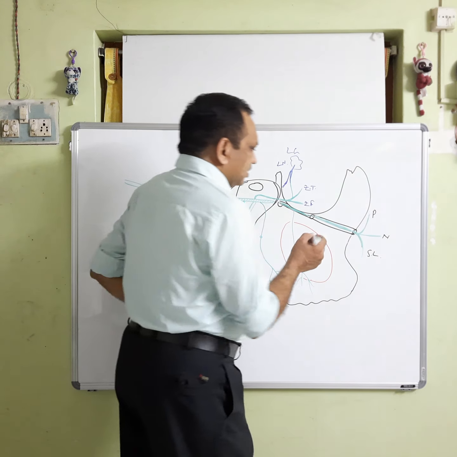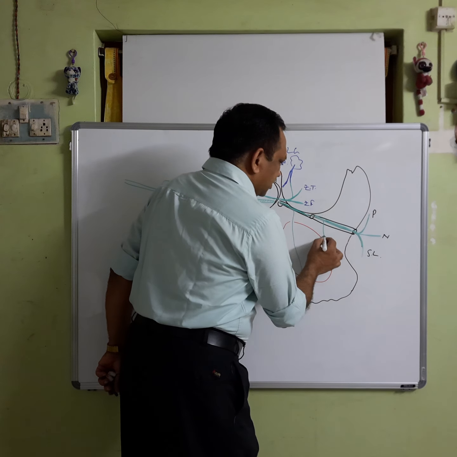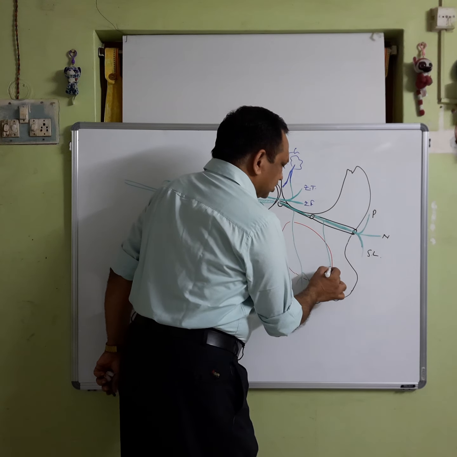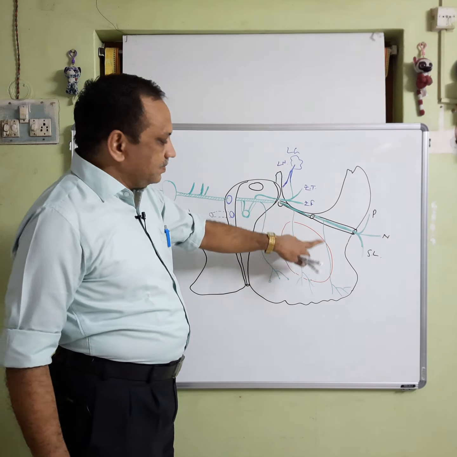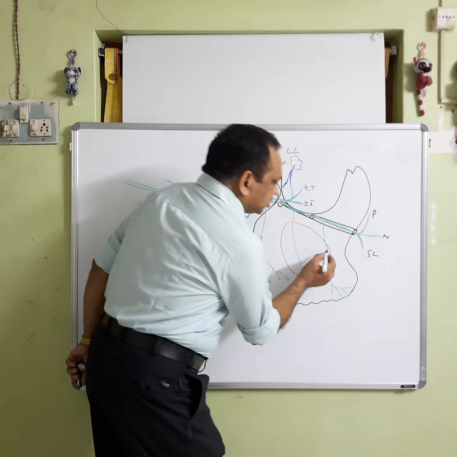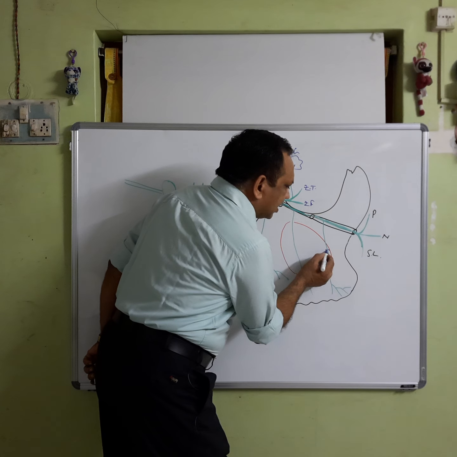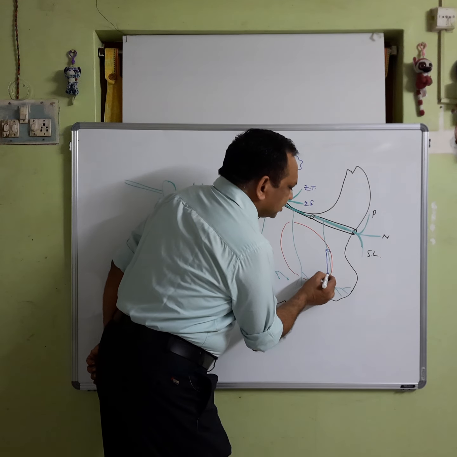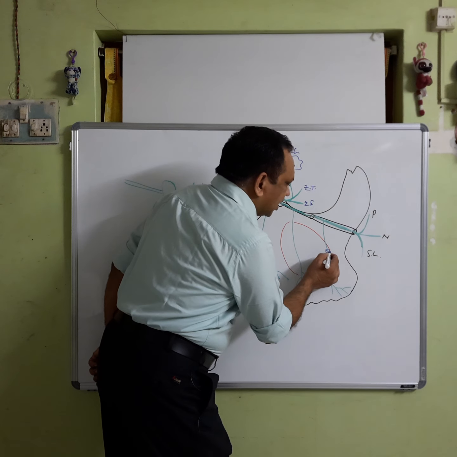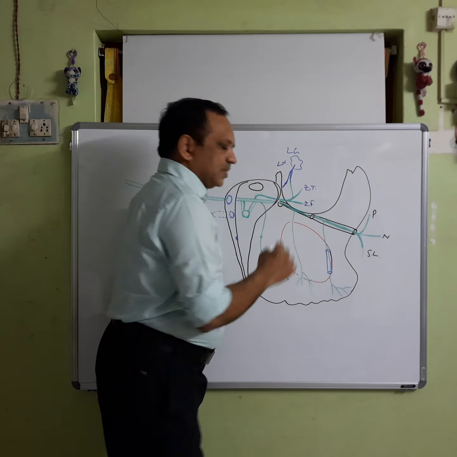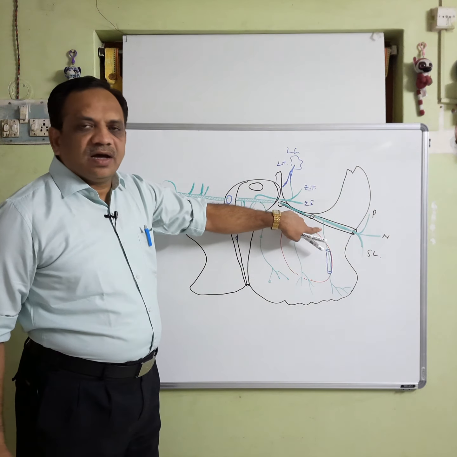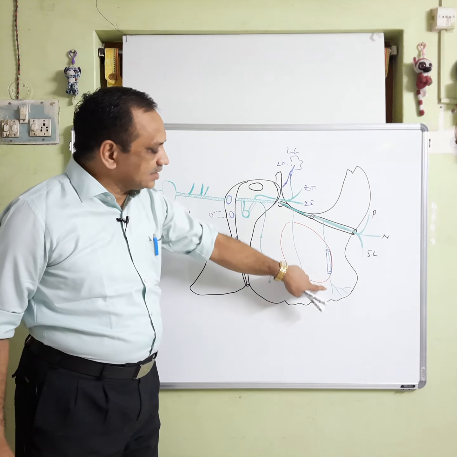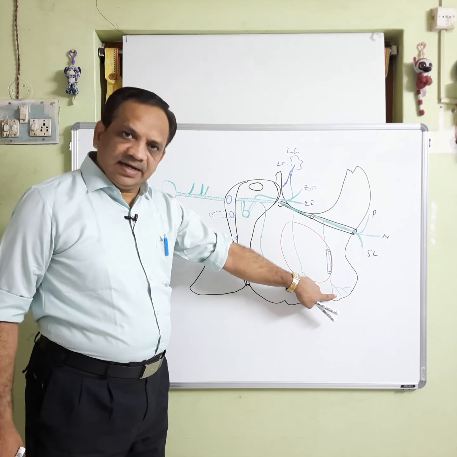Another branch is given from here which passes through the anterior wall to supply the incisors and canines. While it passes through the maxillary air sinus, it travels through a small canal here. The canal is called the canalis sinuosus. So, the canalis sinuosus is present within the maxillary air sinus, through which this anterior superior alveolar nerve passes and supplies the canines and incisors.